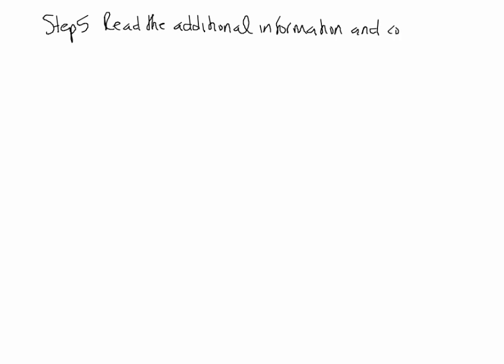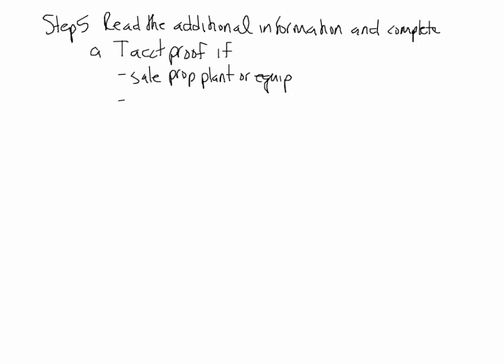Step 5 is to read the additional information and complete a TAccount proof if any of the following has happened. There's a sale of property, plant, or equipment. There is a sale of intangible assets. There is a sale of investments.